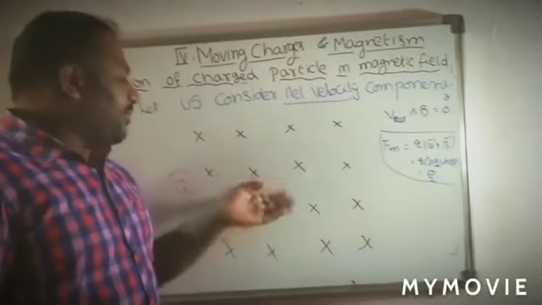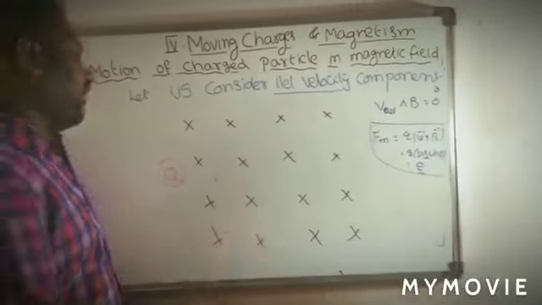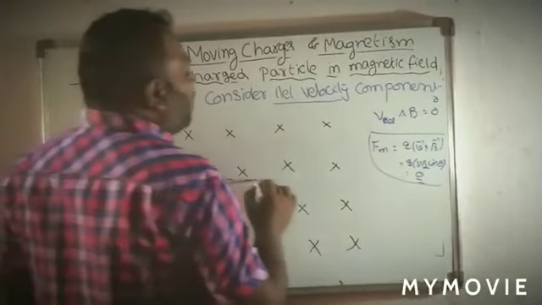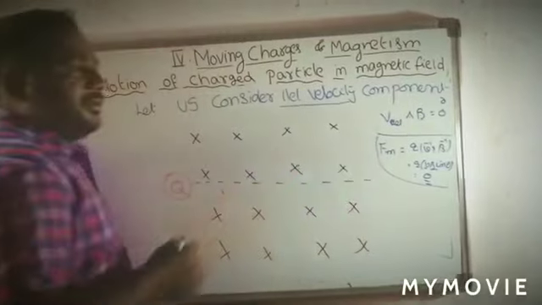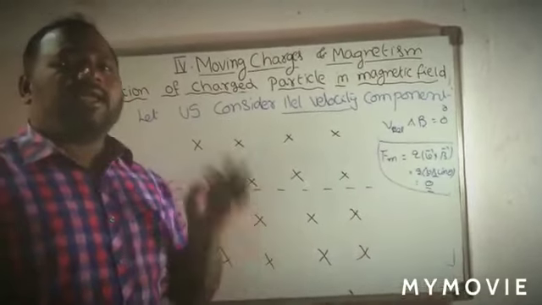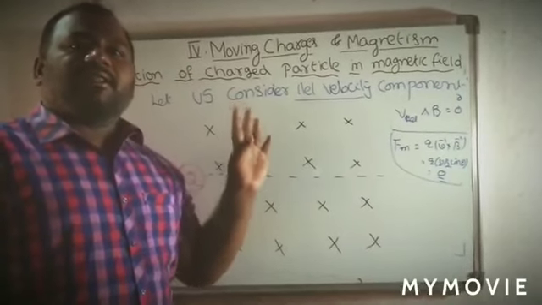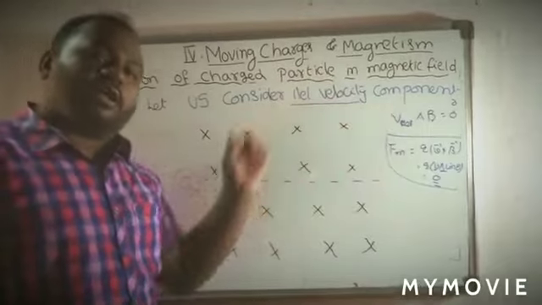The meaning of that is the magnetic field does not have any effect on the charge. So without any effect, it is moving along the parallel, moving along the magnetic field. Due to the perpendicular component of velocity, the path of the charge is a circular path.